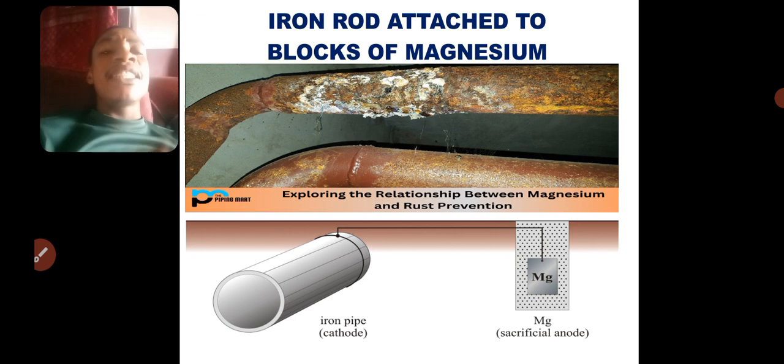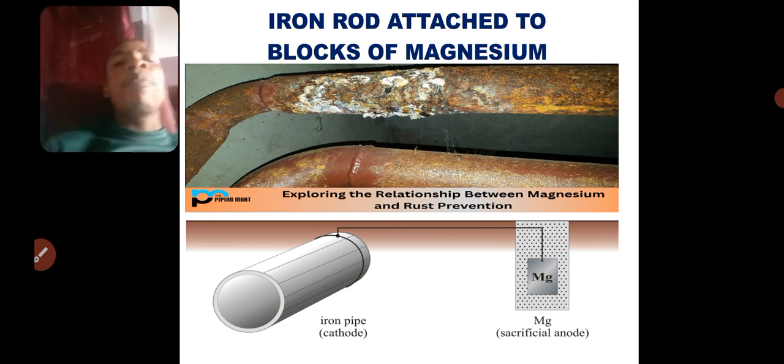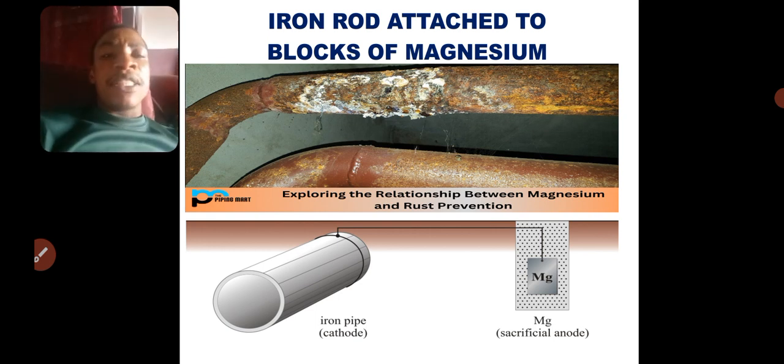So to prevent this, you see at every interval blocks of magnesium attached to the underground pipe. This is to prevent the iron from corroding. But what is the chemistry behind this attachment of zinc to ships or attachment of magnesium to iron pipe?